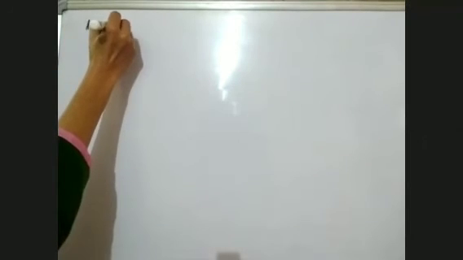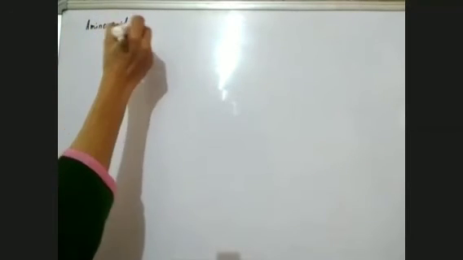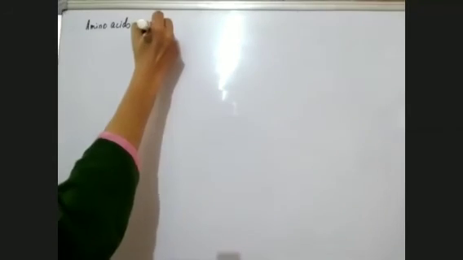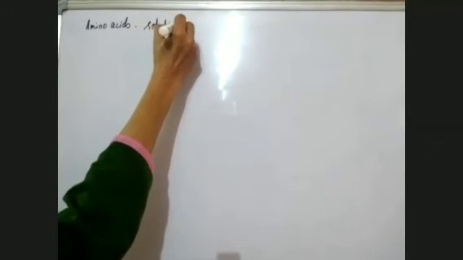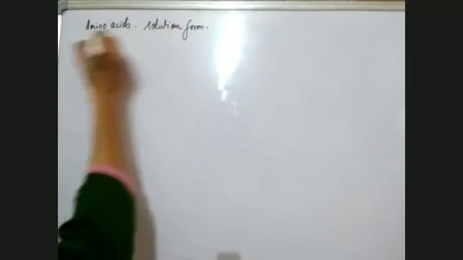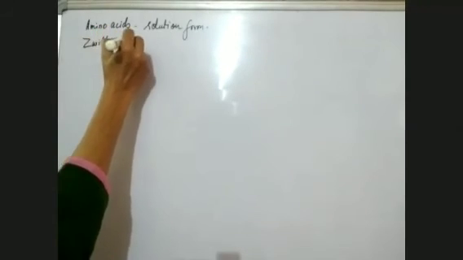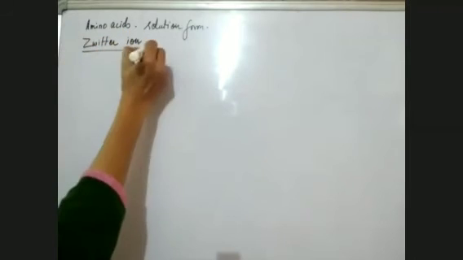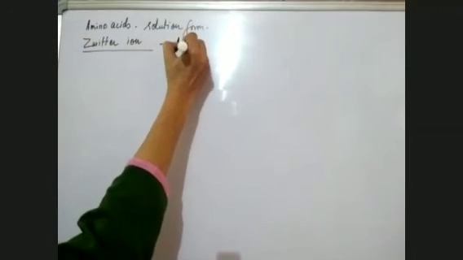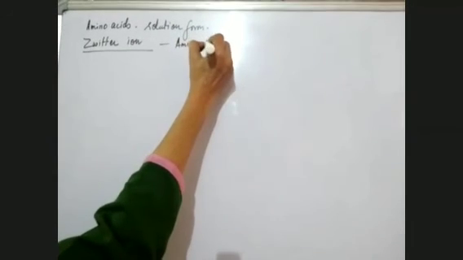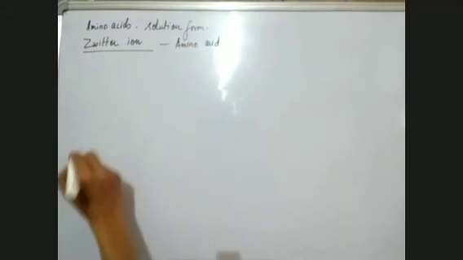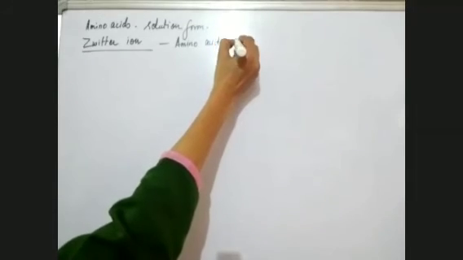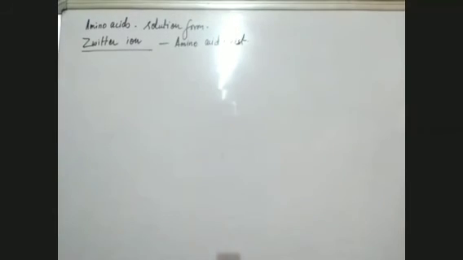This is most common. They form a Zwitter ion. Amino acids can exist in the Zwitter ion form, mostly in soluble state, but rarely in solid state.